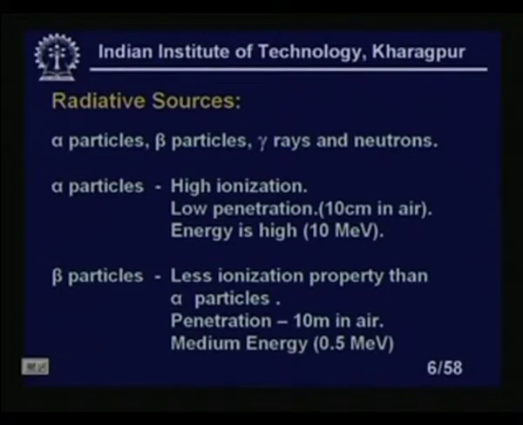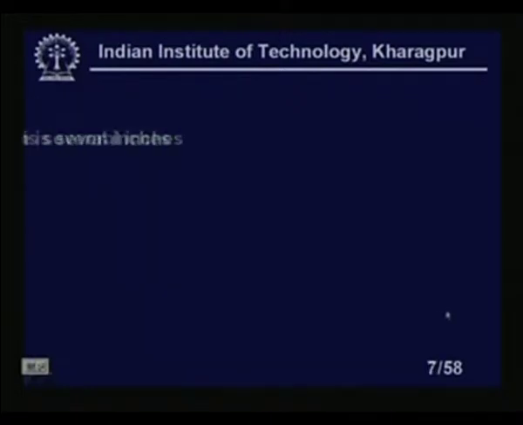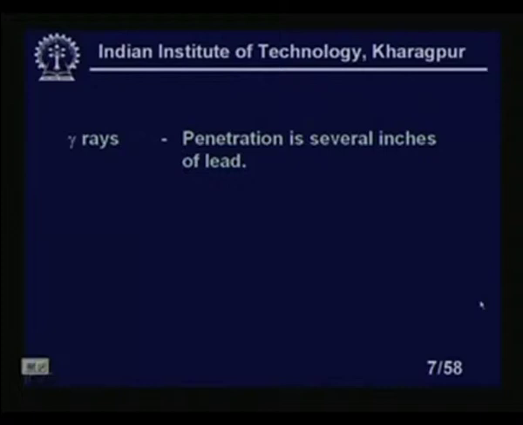Beta particles have a less ionization property than alpha particles, its penetration is much higher, 10 meters in air, and its energy is medium, 0.5. So, you can see that its energy is less. Then gamma rays, its penetration is several inches of lead, because lead is very difficult to penetrate. Alpha and beta particles will not penetrate through lead.